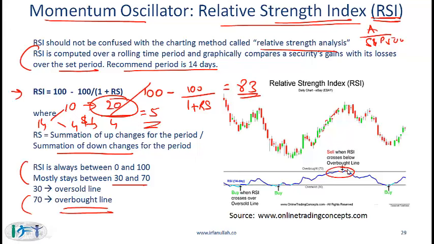This is an overbought region, which means the logical thing to do is to sell. When the RSI index is small, 30 or lower, then we have this situation over here where the market is down. This would be an oversold point, which means that it is sensible to buy.